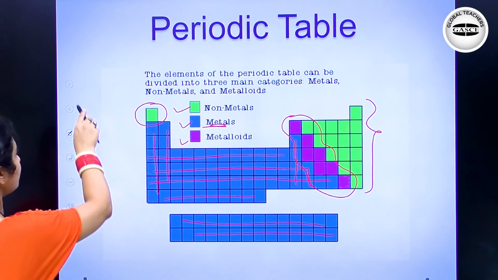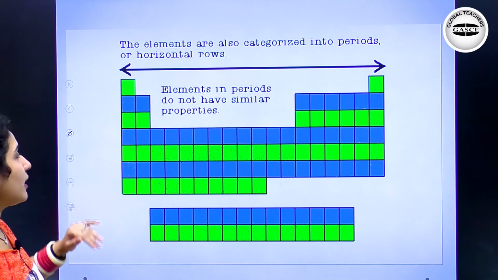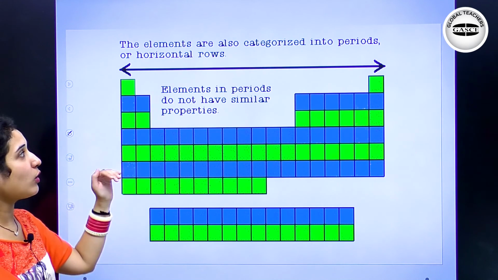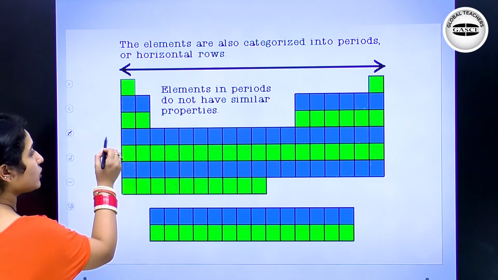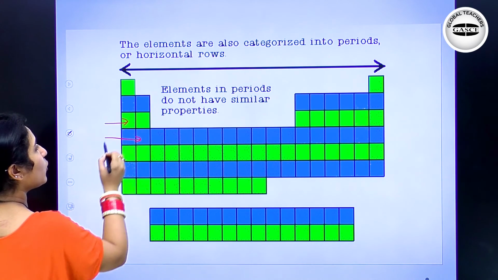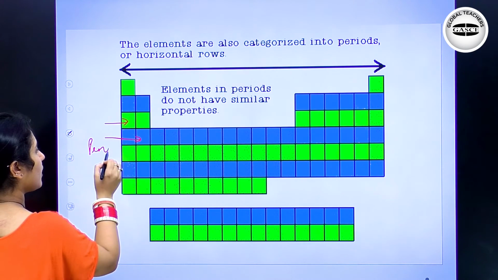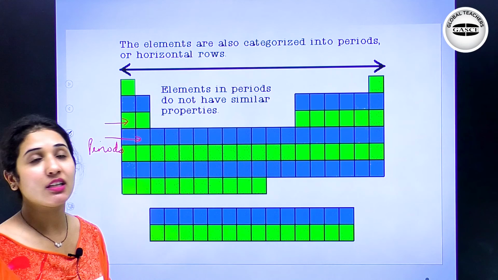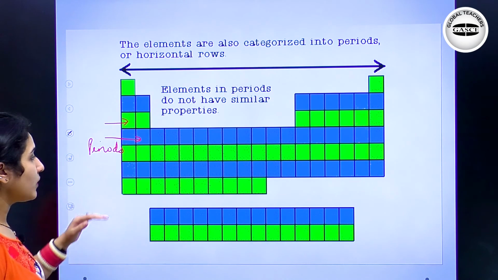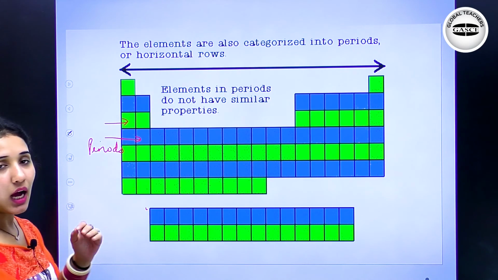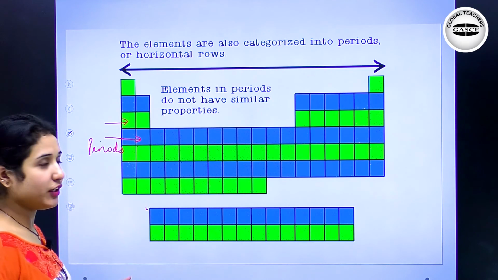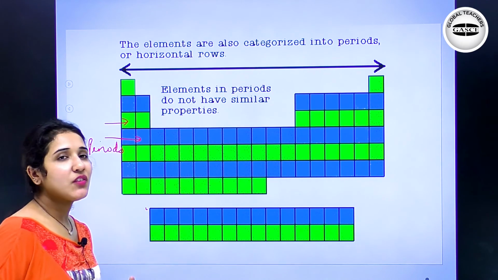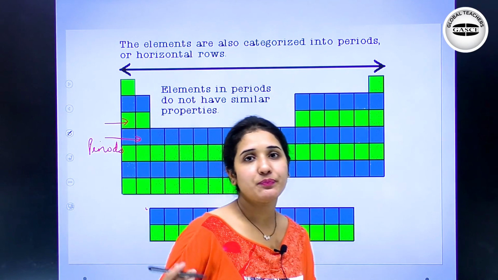Let's move further. You can see here that I have classified this periodic table into horizontal rows. These horizontal rows are known as periods. And in the modern form of the periodic table, we have 7 such periods. You can count them here. These lanthanides and actinoids are kept separately; I'll tell you the reason later on. What does this classification into periods signify?